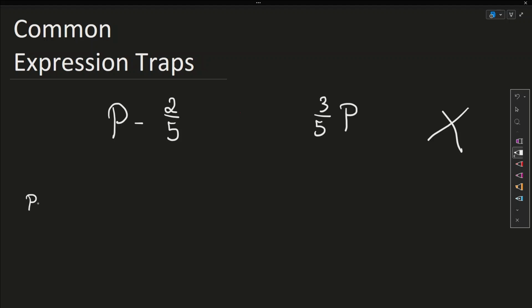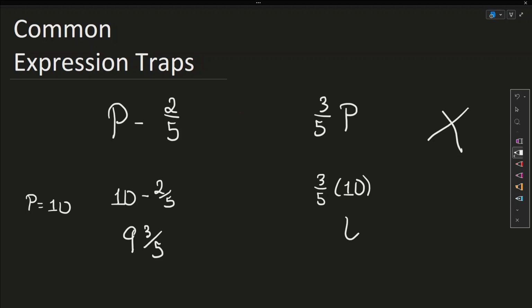For example, if P is equal to 10, then we have 10 minus 2/5, which is equal to 9 3/5. But in this expression, 3/5 times 10, which is P, gives us 6. They are not equal.